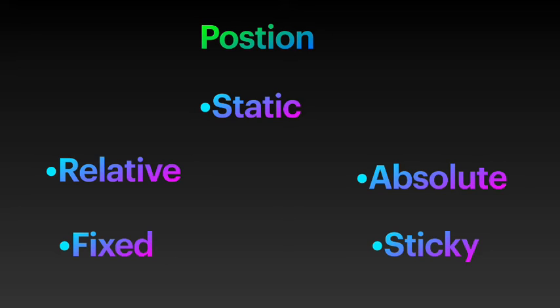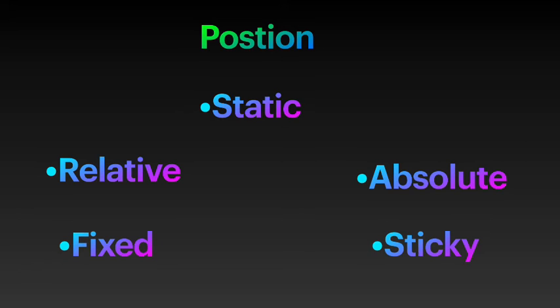Absolute is like a child who is just fed up with the family and says, "I don't care anymore," and the family is like, "We don't care about you anymore, so we ignore you." So basically, when you put absolute as a position, it will be placed at the top, independent of any parent position, with its own element.